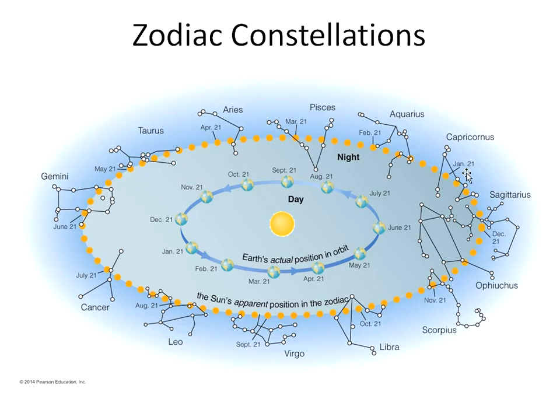This set of 12 constellations are the constellations that the sun appears to line up with as the Earth orbits it throughout the year.